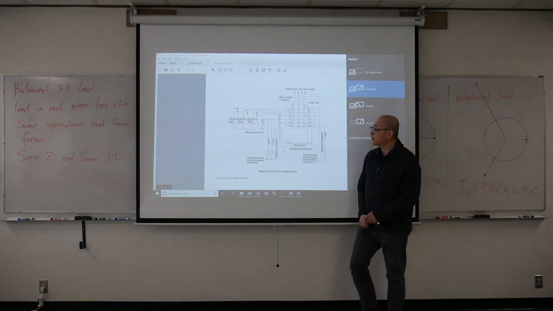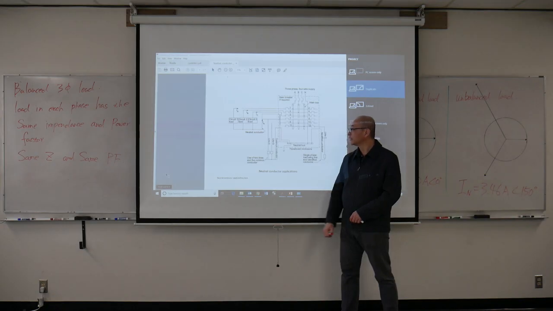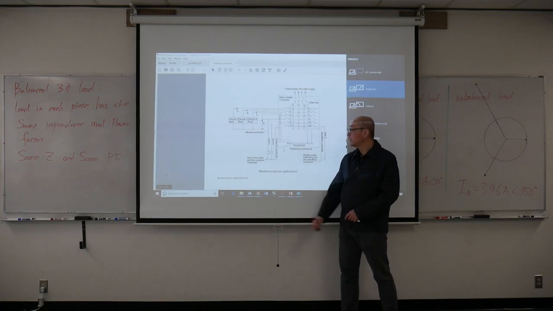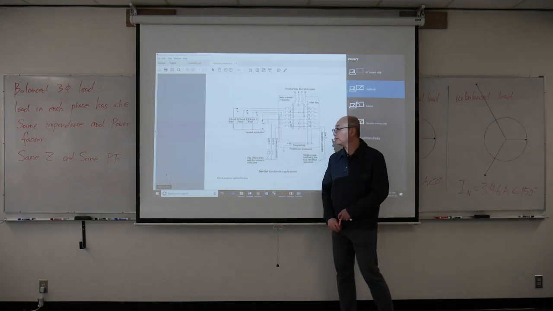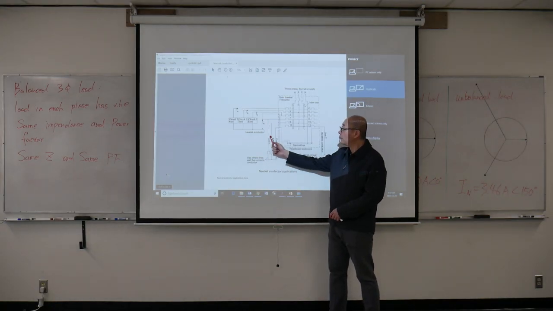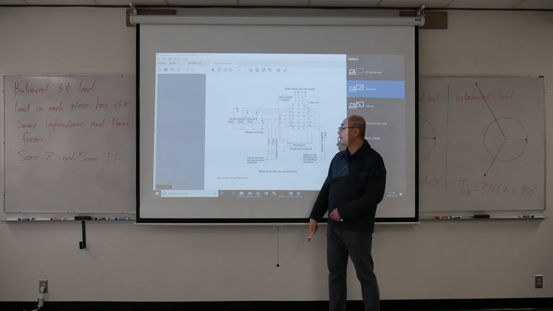Another one that's pretty common is in high-rise residential construction. For a high-rise residential tower, you will have a three-phase panel in there, but into each unit, we pull two lines with a white conductor. So in this case, we have a line A and a line B and a white conductor.